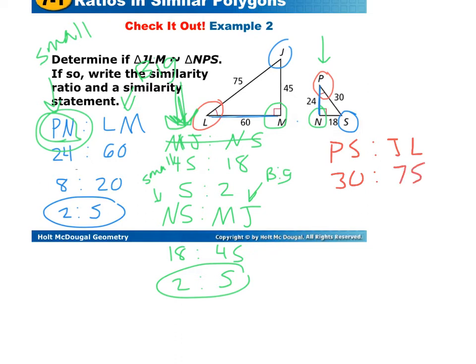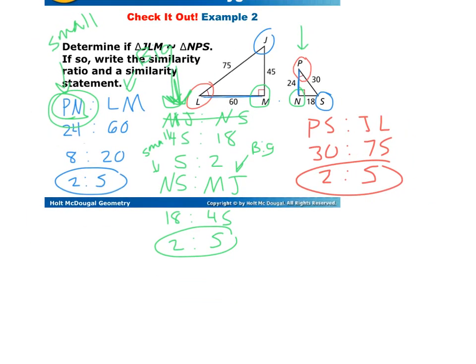So how do we simplify this? 15 goes into both of them. That'd be 2 to 5. So since all of our ratios are the same, they're similar.